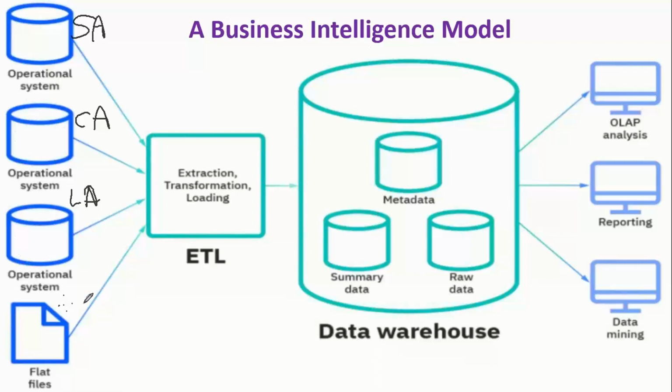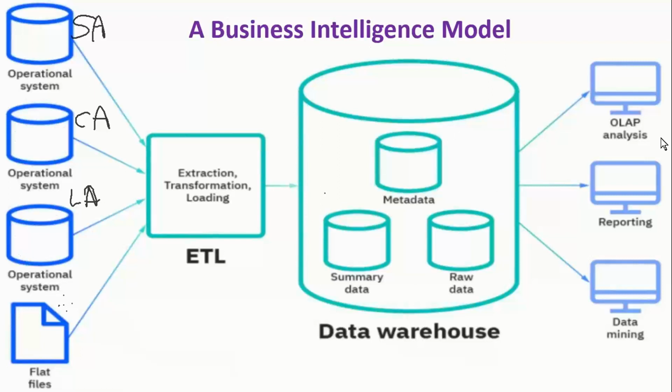End of the day, end of the week, or end of the month, or at least end of the quarter or financial year, data has to be consolidated, accumulated, and given to the warehouse. This is the centralized repository.